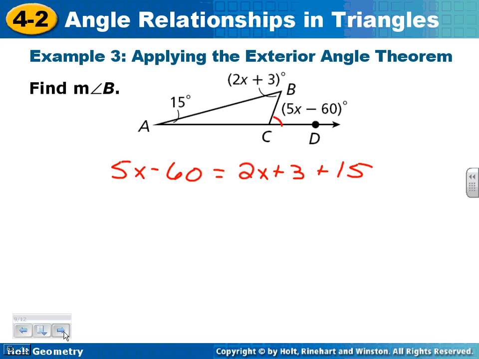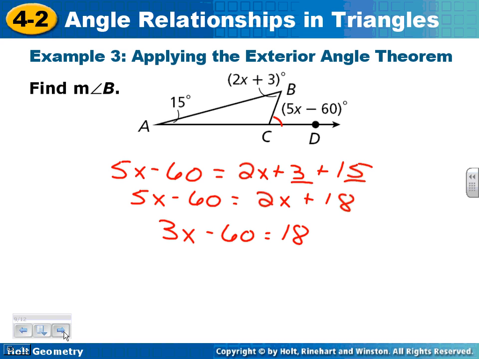So let's solve this. It's going to be 5x minus 60 equals 2x plus, let's combine those to make 18. I would say subtract 2x to give me 3x over here. Minus 60 is 18. Let's see, add 60. So 3x is 78.